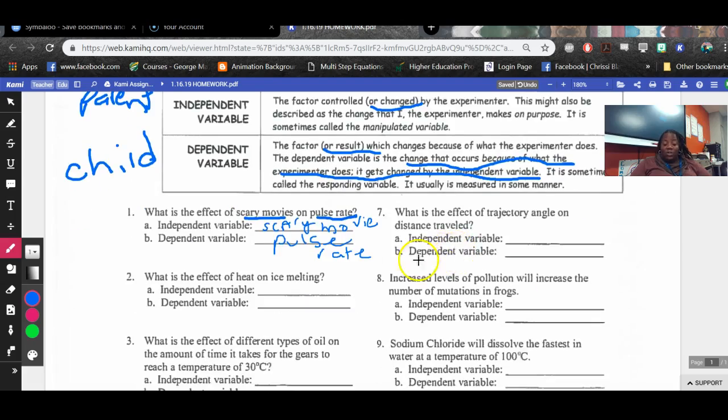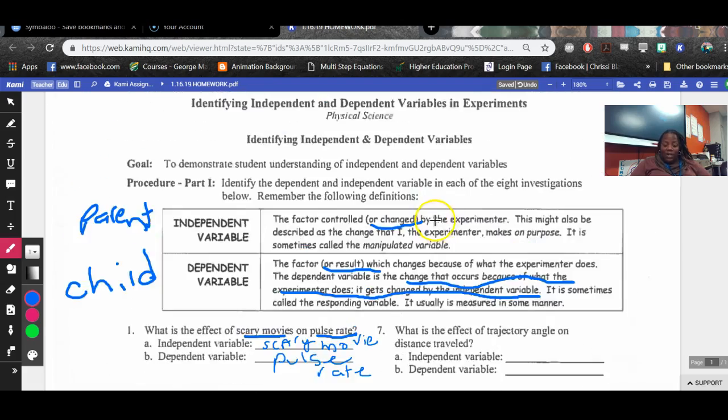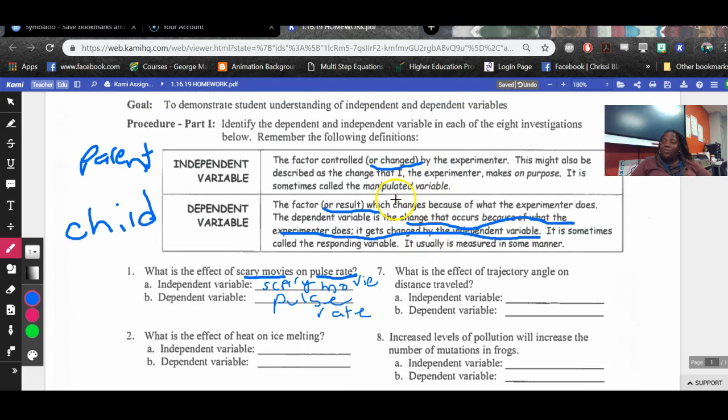I'm going to go over to number 7, and I'll try one more down at the bottom. You can try the rest on your own for the homework. So number 7: what is the effect of trajectory angle on distance traveled? What are the two things that we're talking about here? You don't even have to understand what the two things are. Trajectory angle is one of the things, and distance traveled.